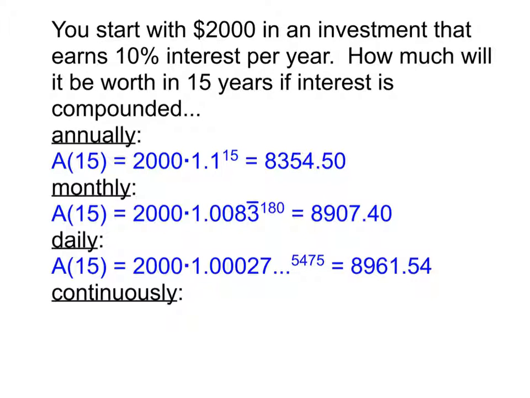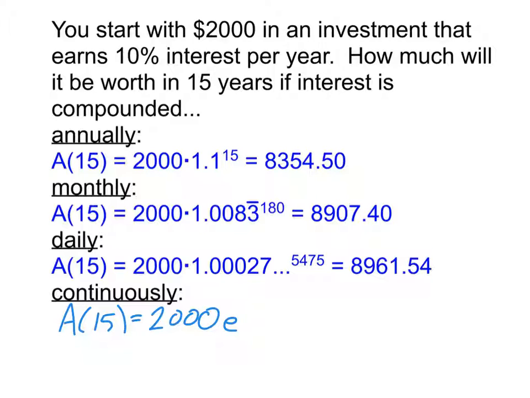Now, having seen that new equation, we can use that in order to now write the equation for a continuously compounding interest. So again, I write it as A of 15, and it equals P. That P value is the same P value as what we've been using all along, so it's still 2,000. It still represents our principal, starting amount. But in this case, instead of parentheses 1 plus whatever, it's 2,000 times e.